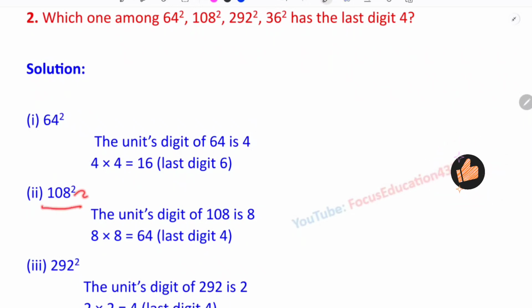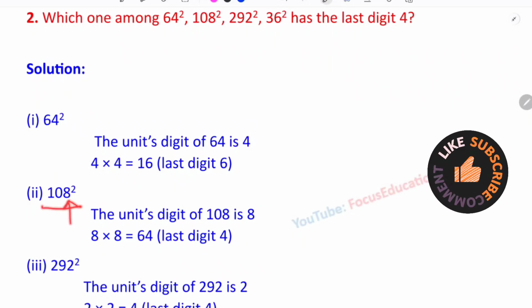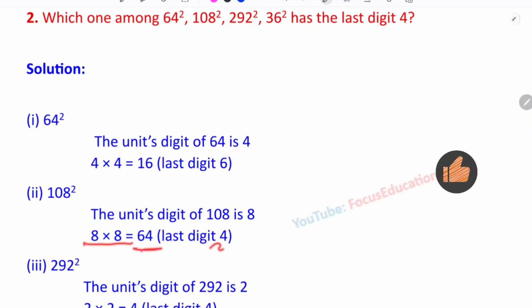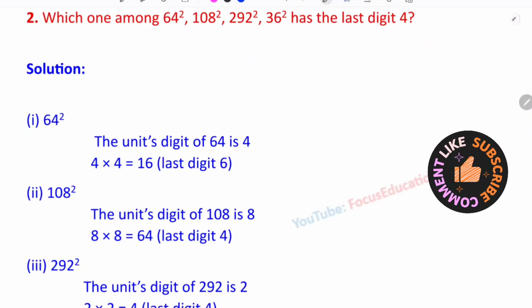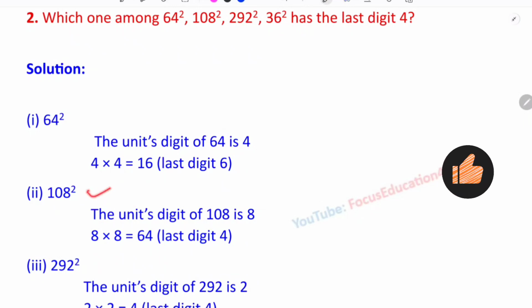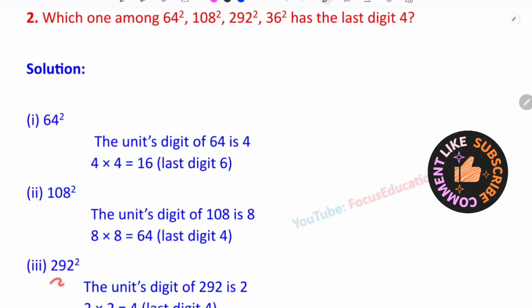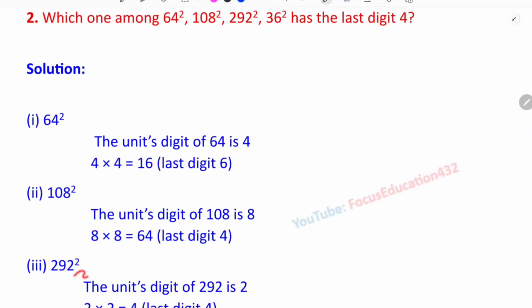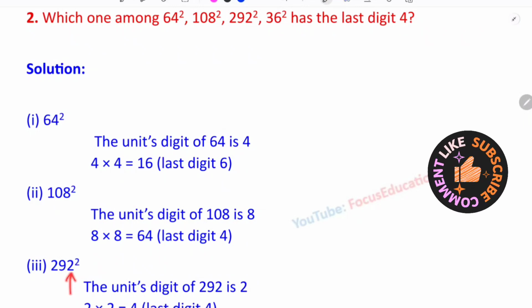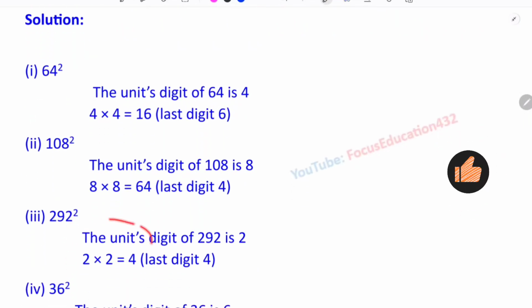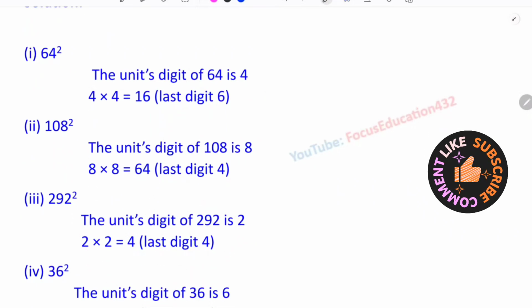For 108 square, the units digit is 8, and 8 multiplied by 8 is 64, so the last digit is 4. The question asks for last digit 4, so this one qualifies. What about 292 square? The last digit is 2, and 2 multiplied by 2 is 4, so the last digit is 4.